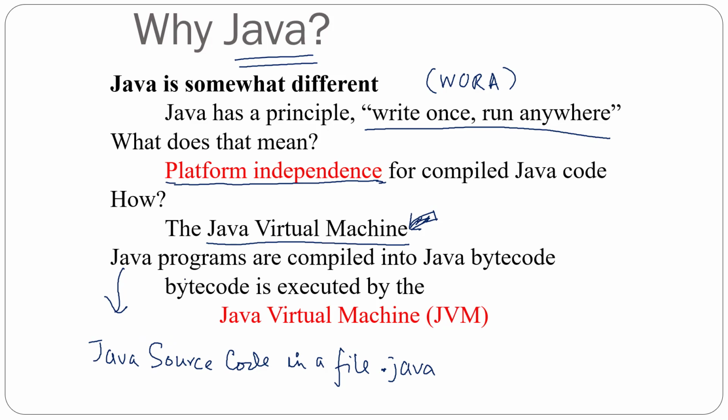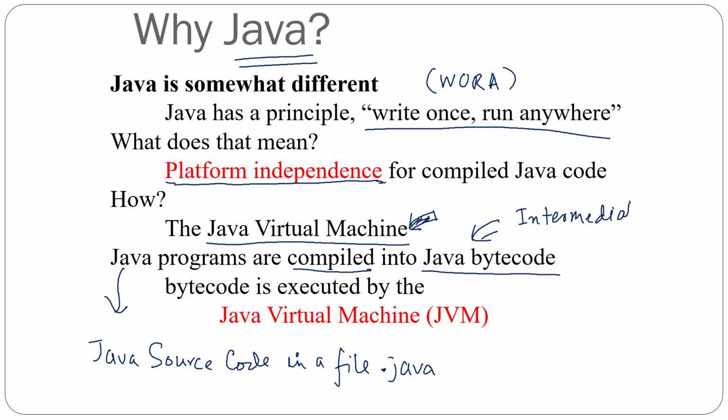Now we'll use a compiler, and that compiler will convert this instruction which was written in Java into something which is called Java bytecode. So the compiler converts the instructions that you've written in Java into an intermediate program.